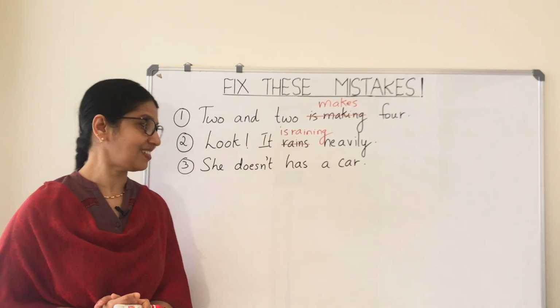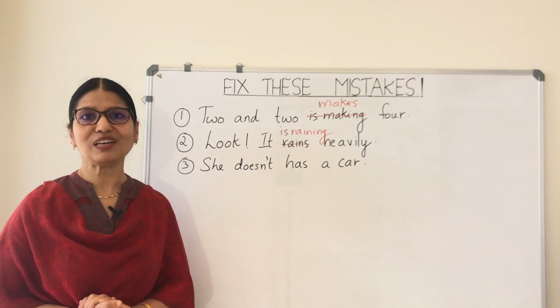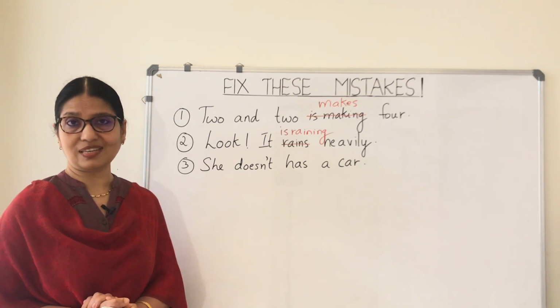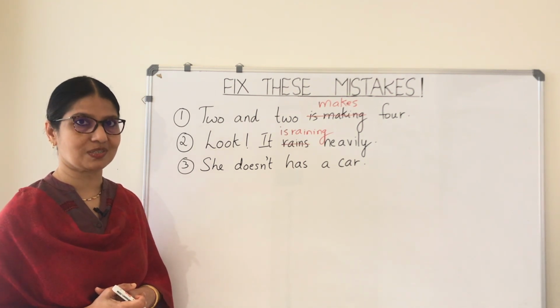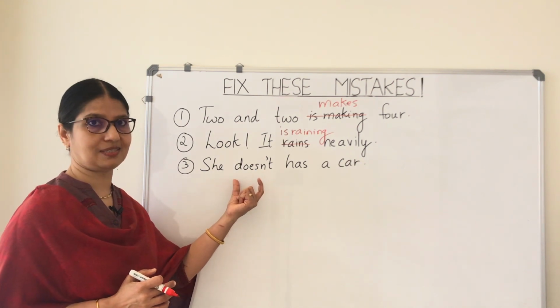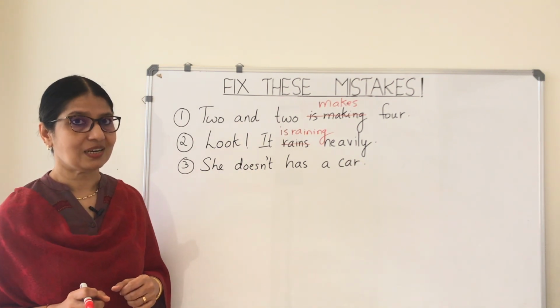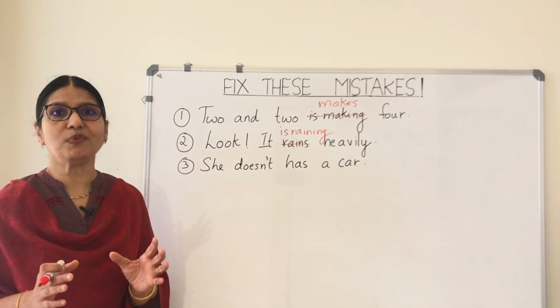Then here it is. She doesn't has a car. What do you think of the sentence? You can see that here I have used the present simple tense and the negative form is used. So in order to make the negative, I have used the helping verb does. But you know that after the helping verb, we always use the root form or the base form of the verb.